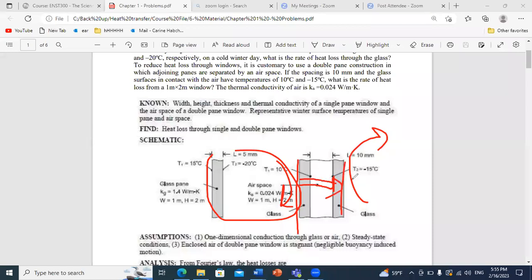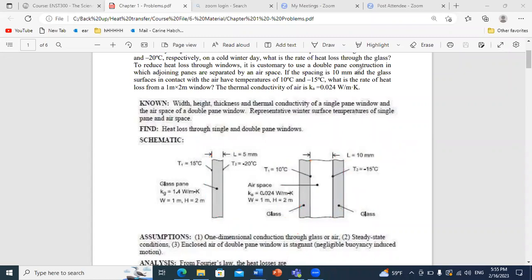Through your window, heat can only be transferred by conduction, because you are transferring heat in a solid. For air, because it's a fluid, we should pay attention not to increase the thickness a lot. We should keep it small to have negligible convection, and then the dominant mode should be conduction.